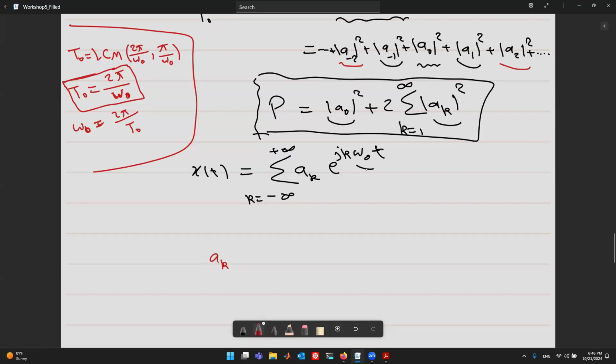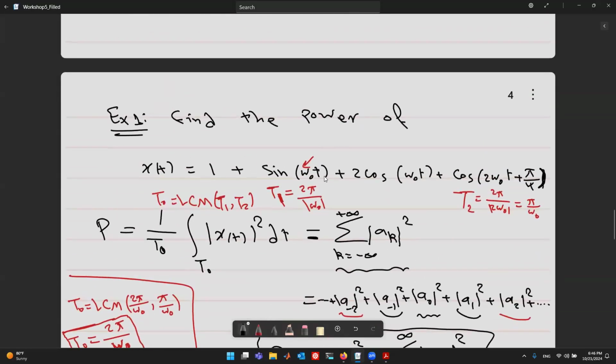And a_k will be 1 over T naught times the integral over 1 period of the signal, x(t), times e to the minus j k omega naught t, dt.